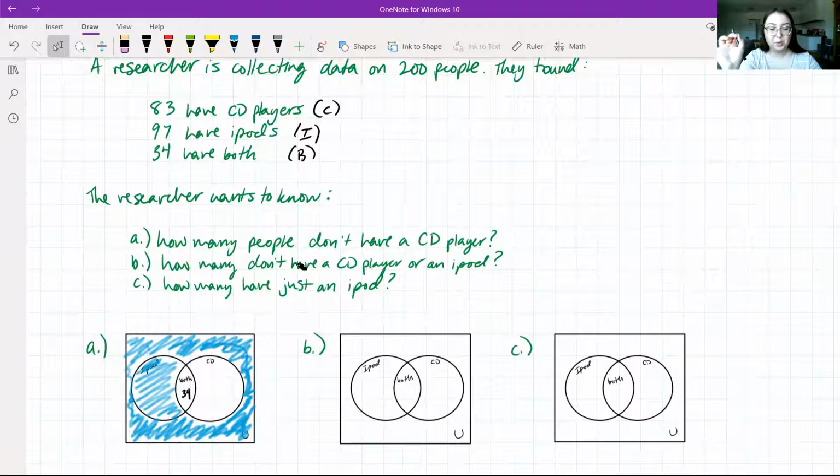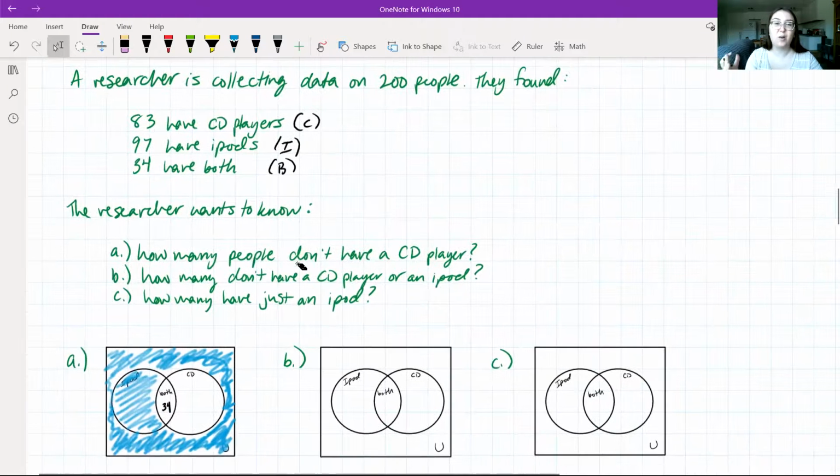And same thing goes for people that have iPods. 34 of the 97 also have CD players. So just because we know that 83 people have CD players, we can't just fill that in for the spot of only CD players. And we know in all, we had 200 people that we asked.